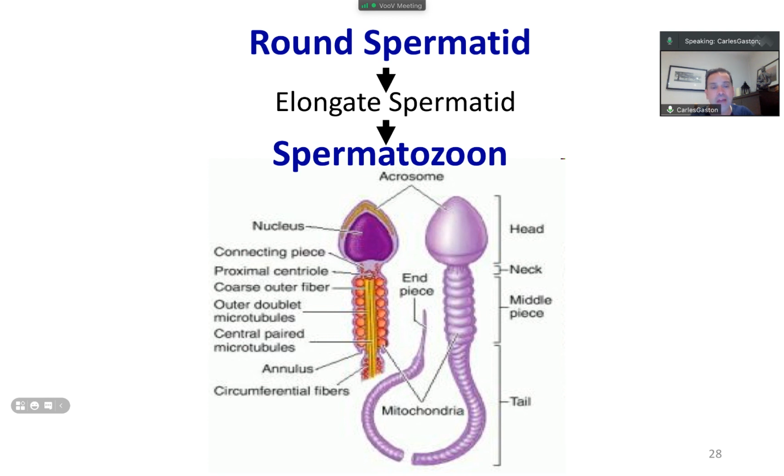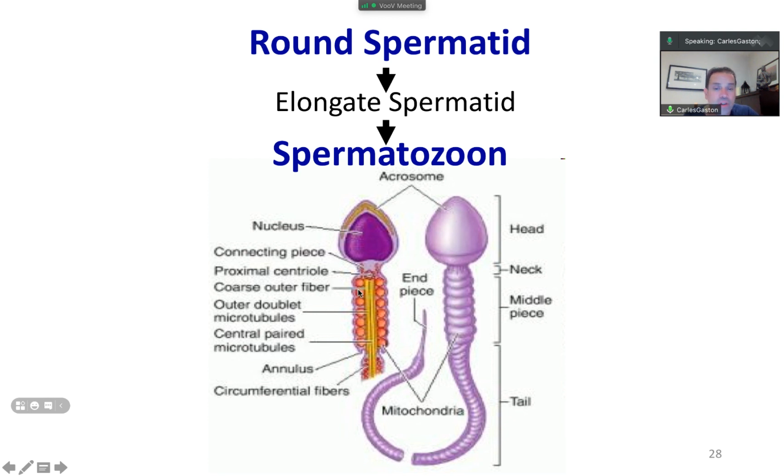If we look at the head, obviously the tail is very important for motility, but if you look, it has a nucleus, connected piece, proximal centriole, coarse outer layer, outer doublet of microtubules, central pair of microtubules, annulus, and then obviously we'll have the tail.